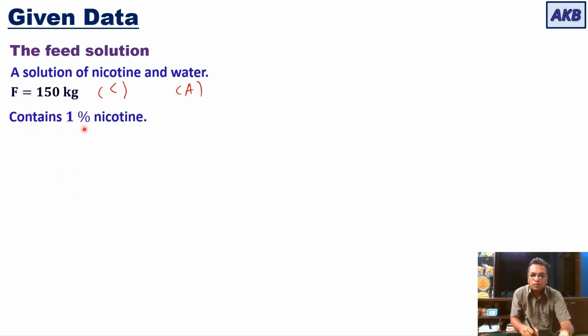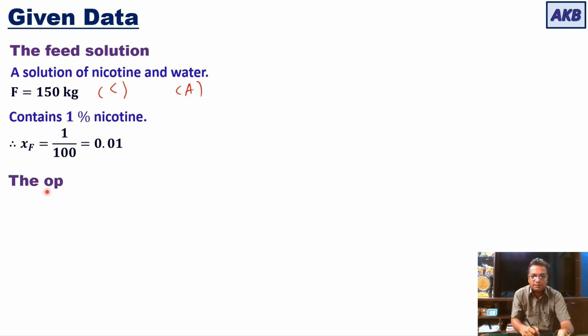The feed contains 1% of nicotine, which means 1 weight % of nicotine. That will be converted to weight fraction by dividing by 100. So small xF will be 1 upon 100, that is 0.01.